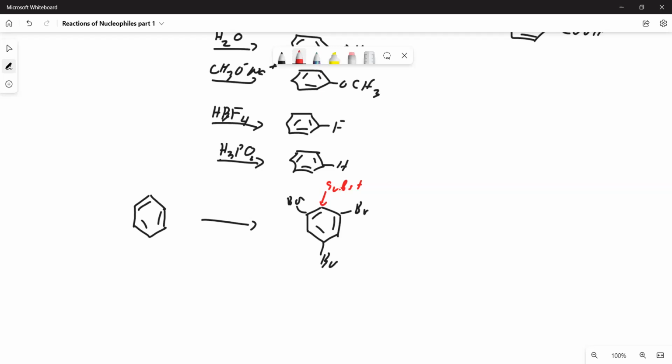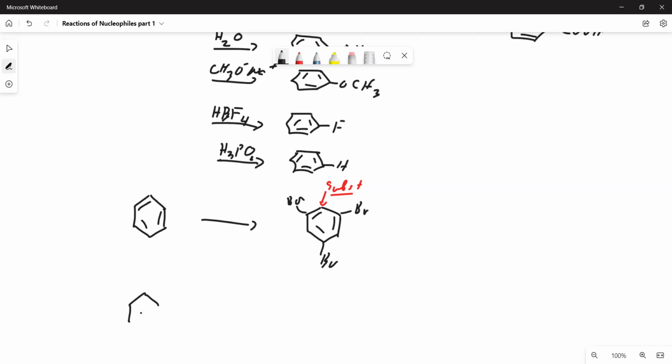If there is a substituent attached here, but that substituent should be removed to end up with the product. Meaning you place that substituent in order to attach the bromine at the ortho and para positions, and then later on remove it. So that technique can be done through the diazonium process. Look at this reaction.